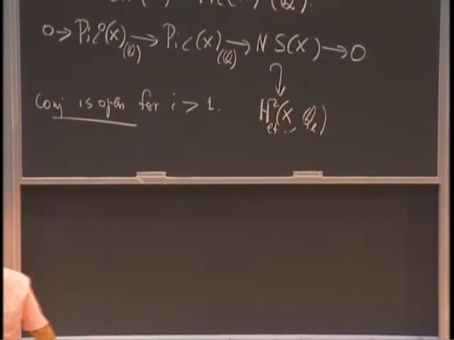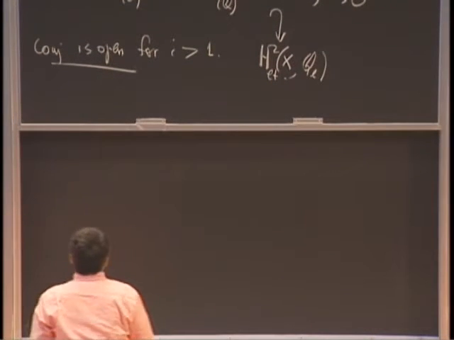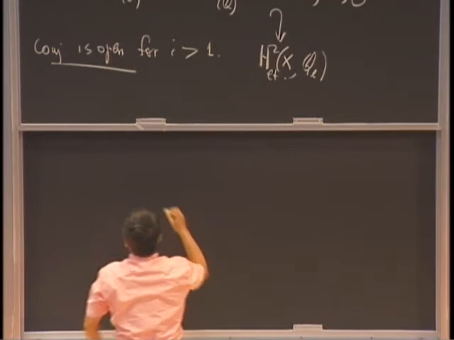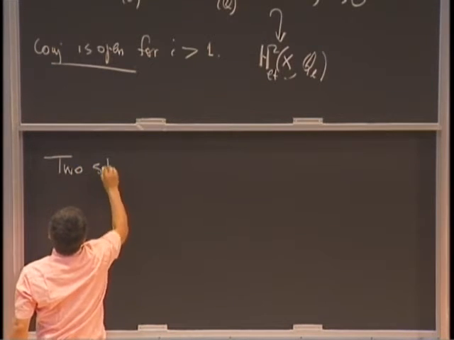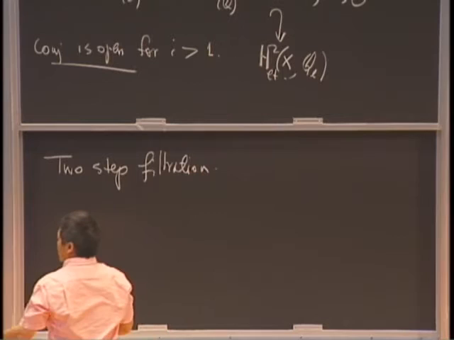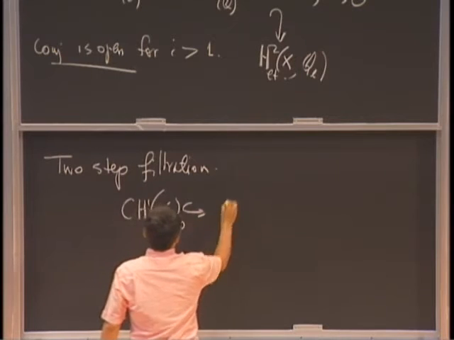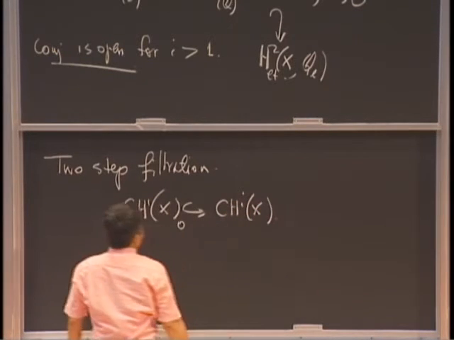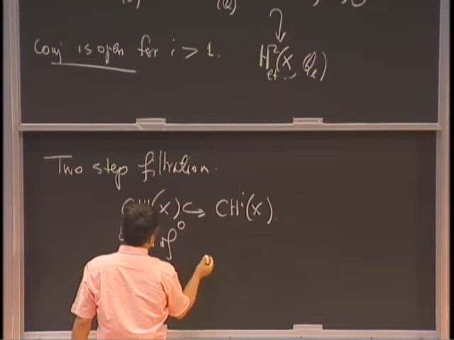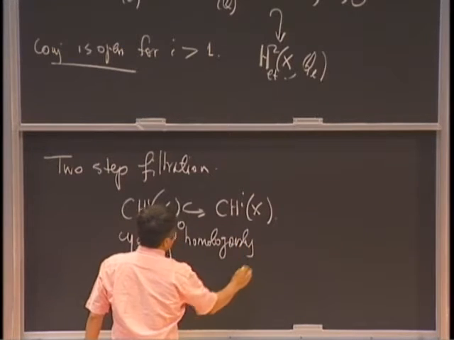The case i equals 0 is clear, it is just a simple thing. And this group has a filtration, a two-step filtration. In general I have many steps, but this one has two steps: CH^i(X)_0 inside CH^i(X). This is the so-called cycles with trivial cohomology class, homologically trivial.